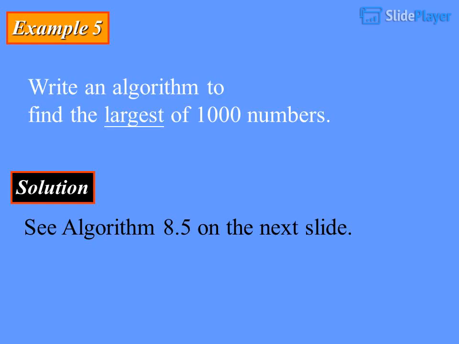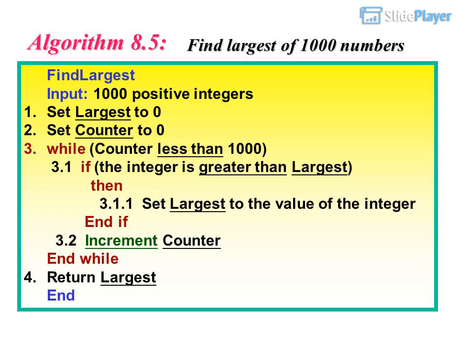Write an algorithm to find the largest of 1000 numbers. Example 5. Write an algorithm to find the largest of 1000 numbers. Solution. See Algorithm 8.5 on the next slide. Algorithm 8.5, find largest of 1000 numbers.